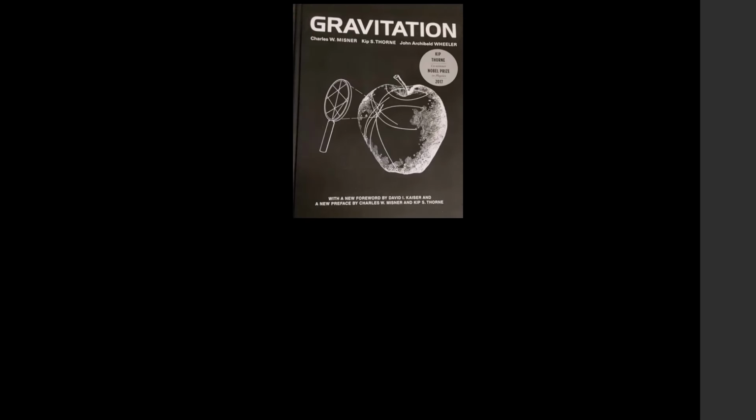But if you're wanting a serious coverage of general relativity, of course we have to go with the Bible of general relativity itself. This is Misner, Thorne, and Wheeler's Gravitation.